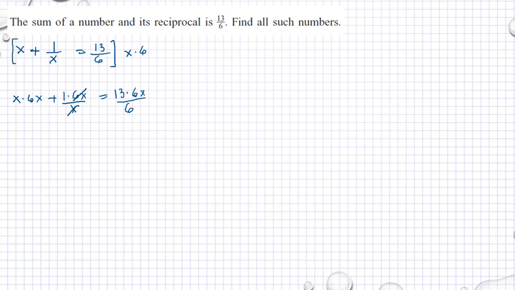This x will be 1 and this 6 will be 1. Then we have 6x squared plus 6 is equal to 13x.